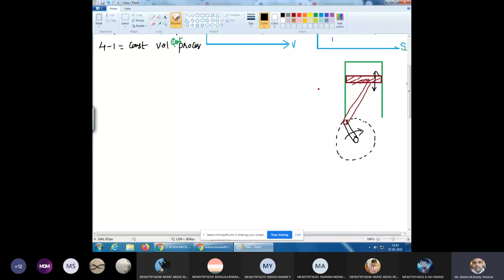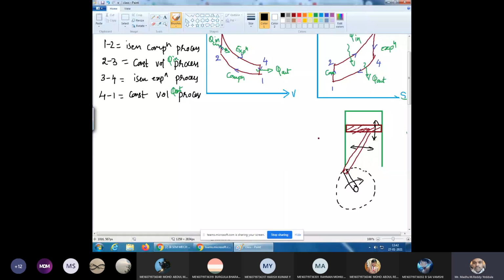The connecting rod converts the rotary motion of the crank into reciprocating motion of the piston. The main purpose of the connecting rod is to convert rotary motion into reciprocating motion and vice versa.